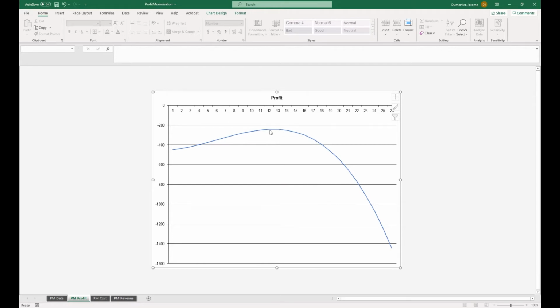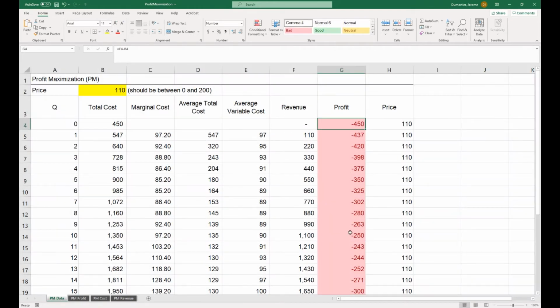And in this case, the loss is minimized at around 12 to 13 units. Now, we can confirm this in the Excel sheet, where we have the minimized loss at around 11 units. Note that the numbers are not matching up perfectly because those numbers are rounded and only for integer values of the output.